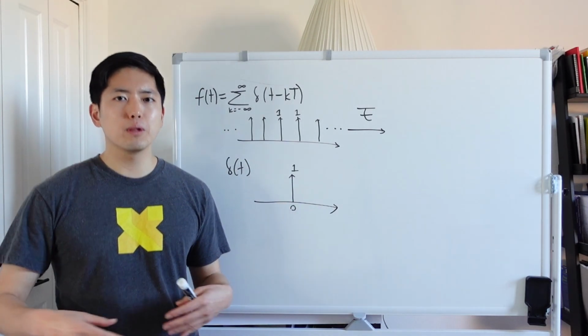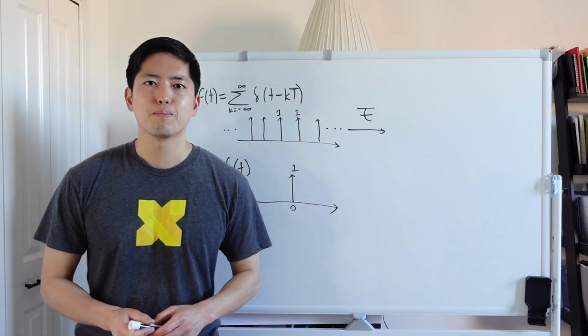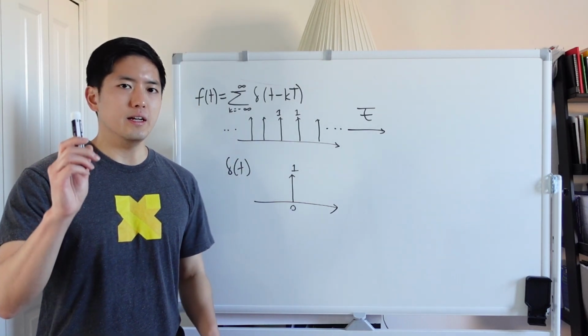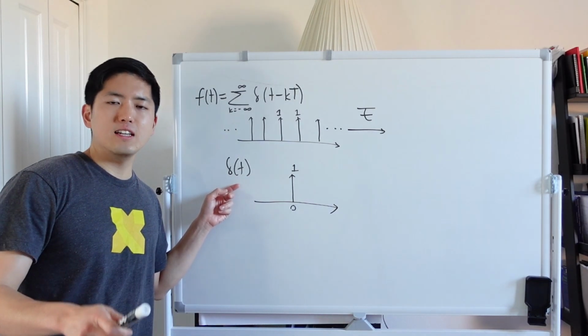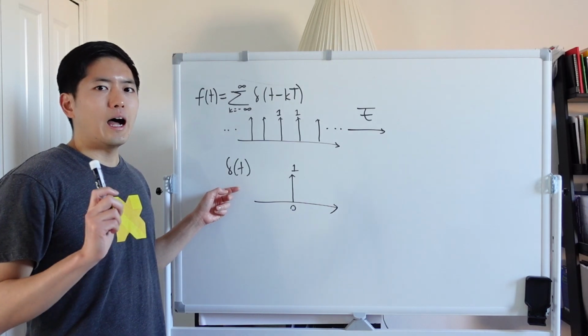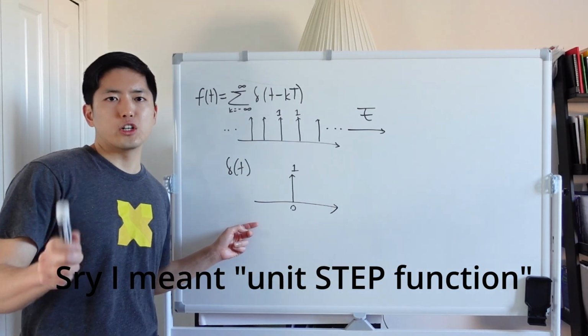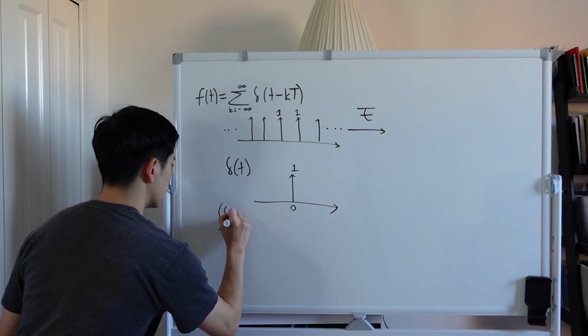But another, probably more official, way to think about it is if I take the integral of delta of t from negative infinity to t, I get the unit step function. So it would look something like this.